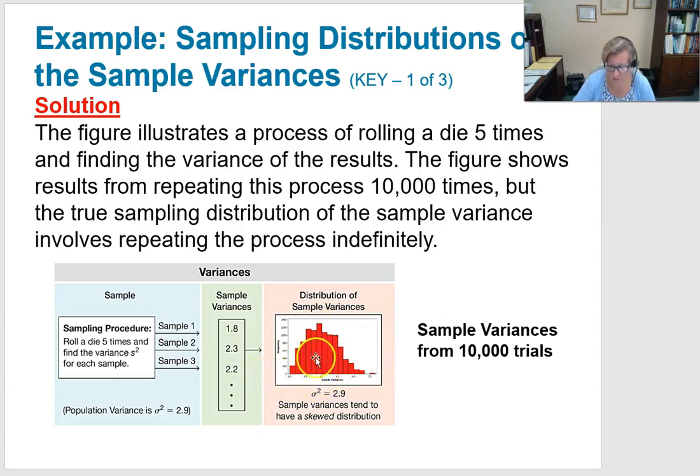But notice that your peak is going to be over here, right? And so that's going to tell you that your variance is around 2.9, because I know that graph is little, but it's going to be around 2.9. And so when you find the mean of the variances, you should end up with 2.9 as your variance for the population, which is very close.